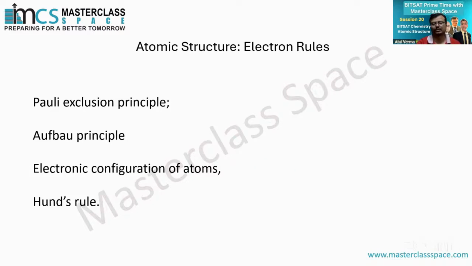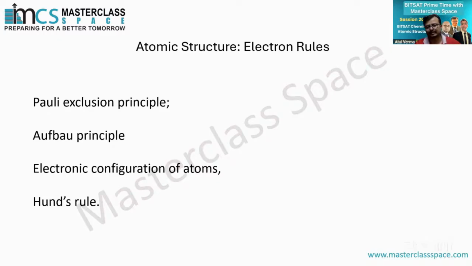Okay. So today we are taking a very important topic from the BITSAT syllabus of chemistry about the electron rules, and of course, which couple of rules we have to study. We have to study Pauli's exclusion principle. That is one thing. Aufbau principle is there. That is another.